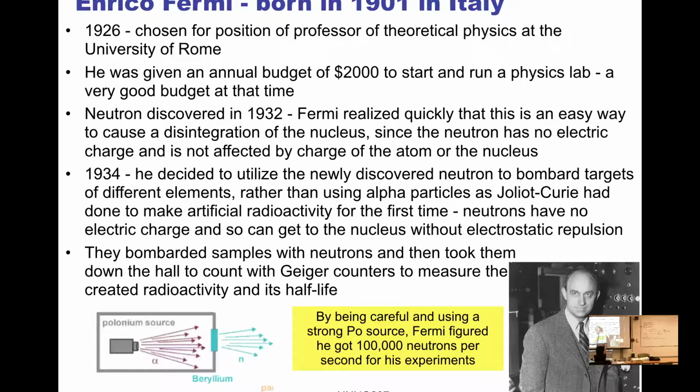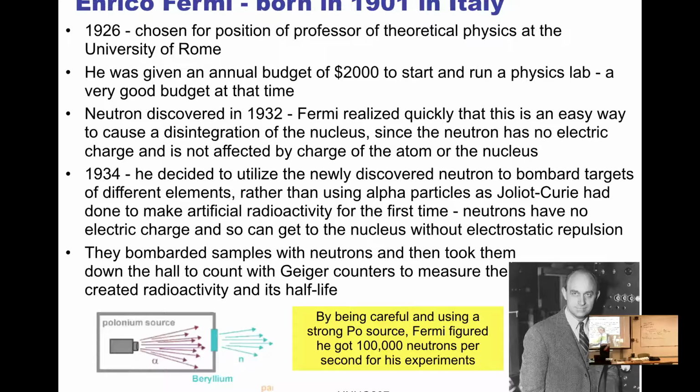Joliot-Curie's missed the Nobel Prize because they thought these were gamma rays. Chadwick worked in Rutherford's lab in England, realized there were neutrons, and thus the discovery of the neutron in 1932.